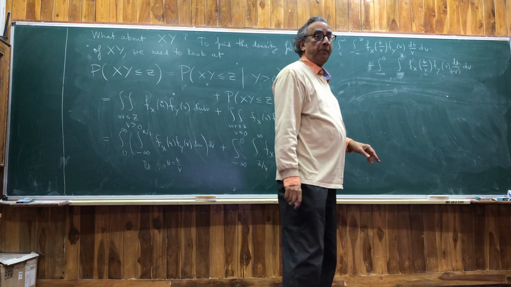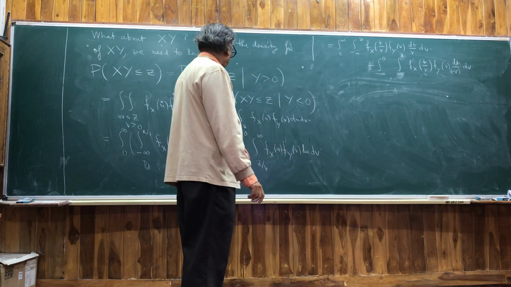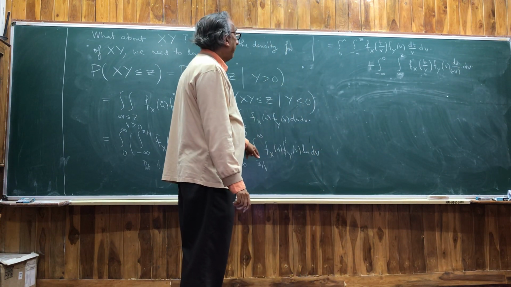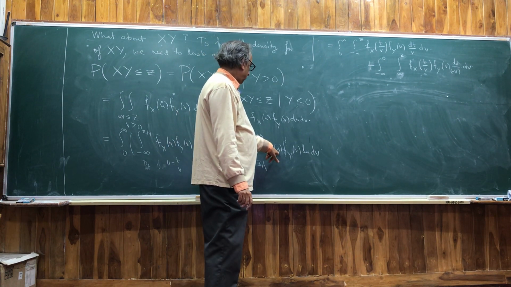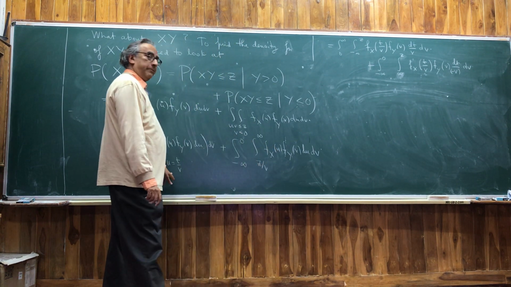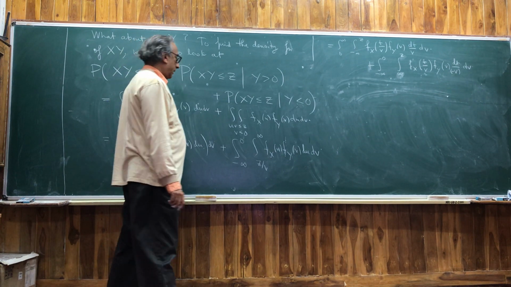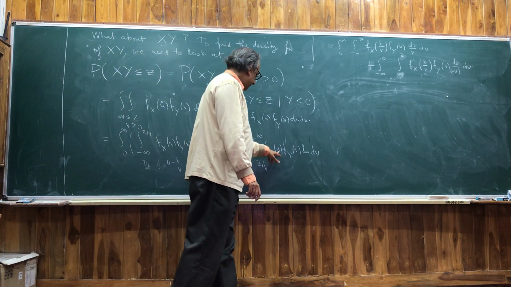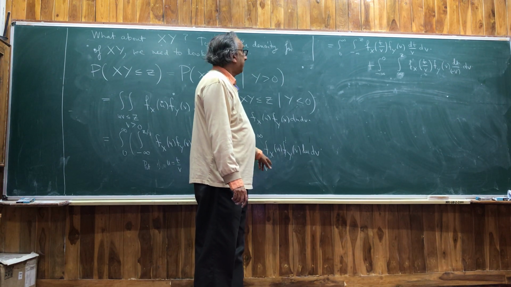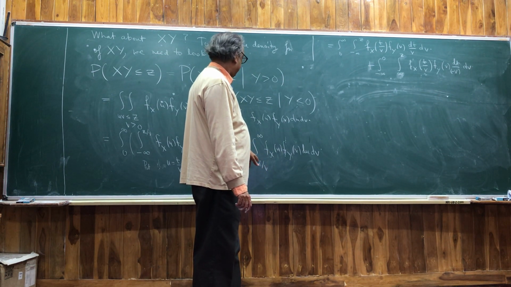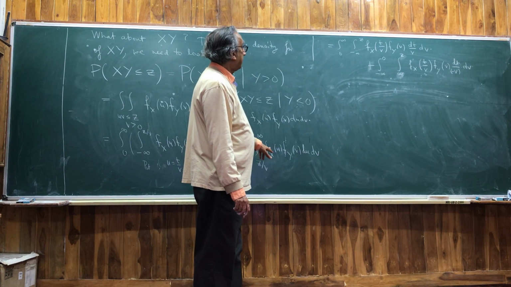How did he go from z over v to infinity, from there to infinity to z? I made the change of variable u equals t over v. So when u equals t over v, t is z, isn't it? So it should be z to infinity, right? Since v is negative.